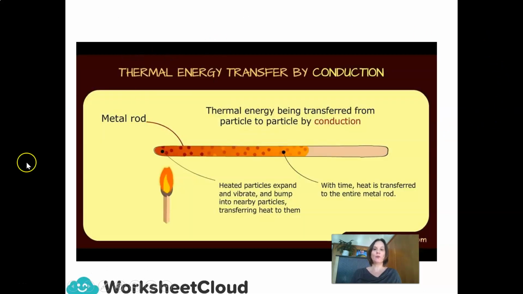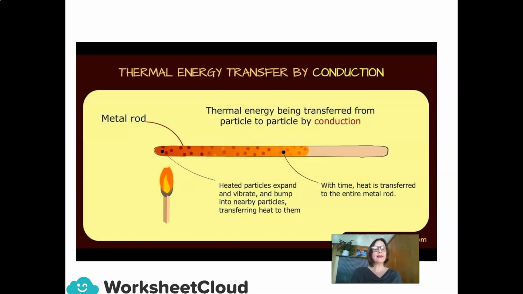Let's take a look. We can see the metal rod, okay? The thermal energy is being transferred from each particle to the next by the process of conduction. Heated particles expand and vibrate, and they bump into the nearby particles, transferring heat to them.